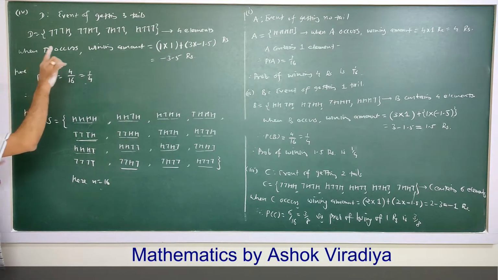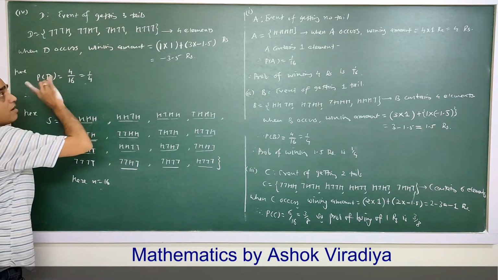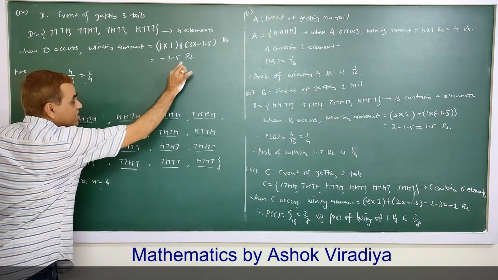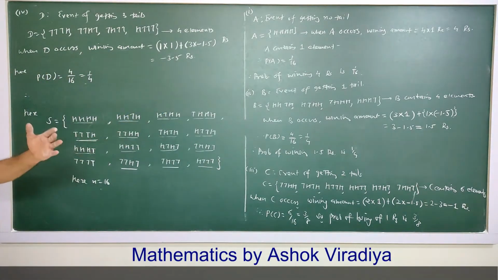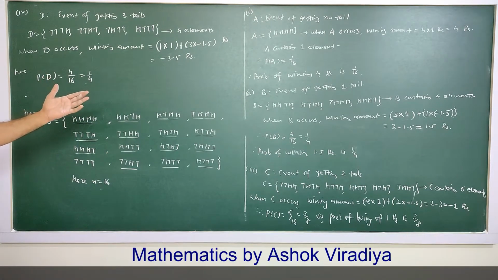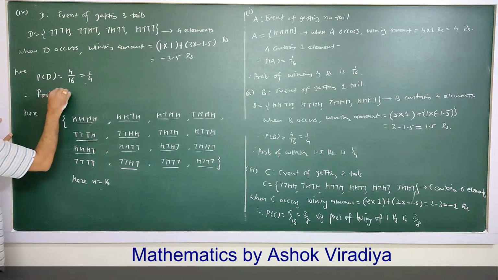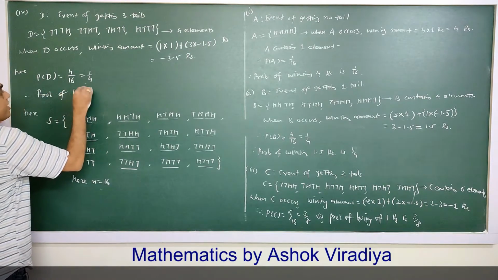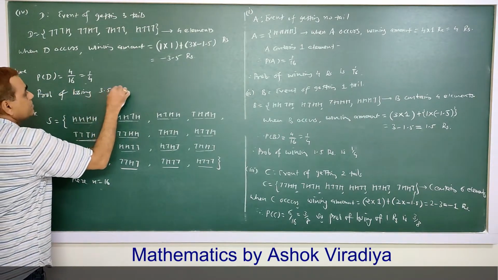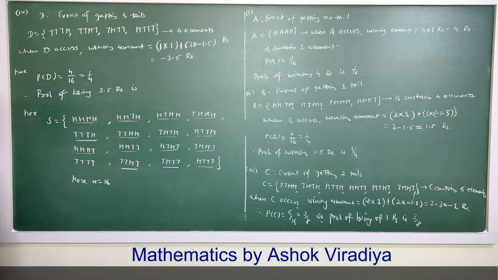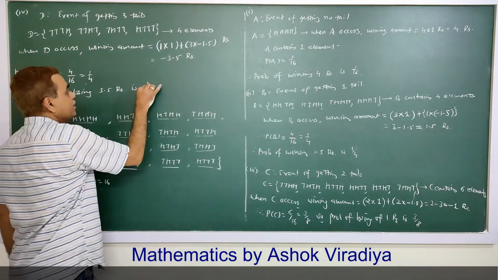Therefore, if this event occurs, the person wins minus 3.5 rupees. That means he loses 3.5 rupees. So the probability of loss of 3.5 rupees is 1 by 4.